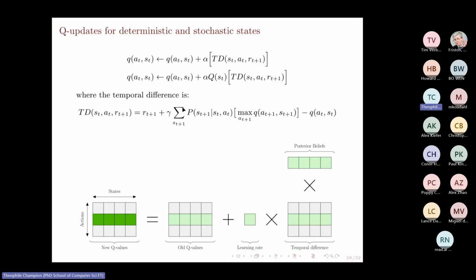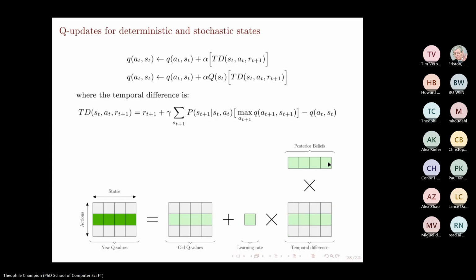So just to summarize, the temporal difference is just a difference between a target, which is an estimation of future return, and our prediction of this future return. You can organize those inside a table, which has as many rows as actions and as many columns as states. Now, in order to compute this equation, you first need to weight the temporal difference by the posterior probabilities.